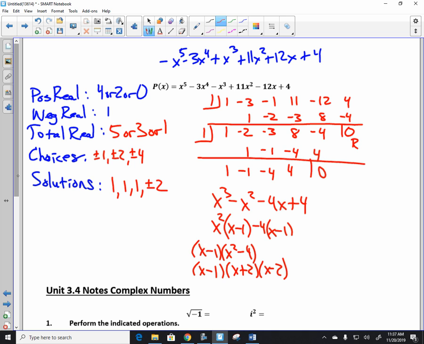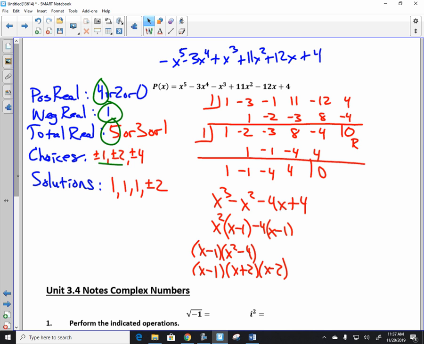Look at what you have, folks. How many positive real solutions did you have? 4. How many negative? 1. How many total? 5. They're all listed right there.